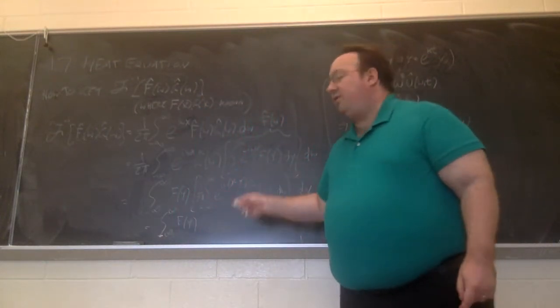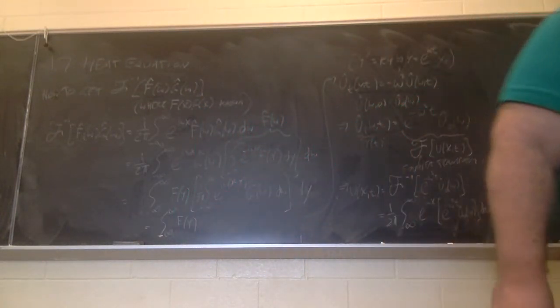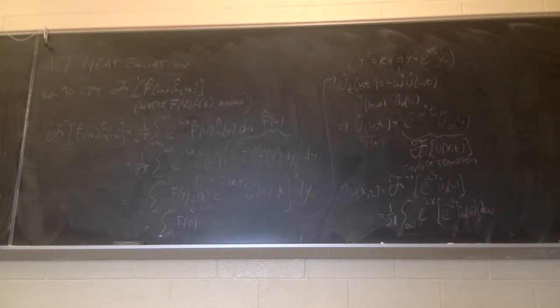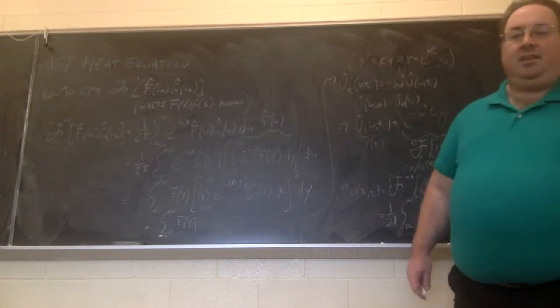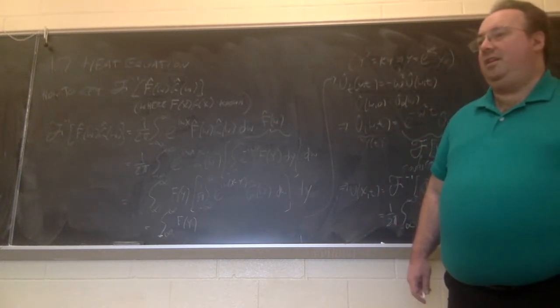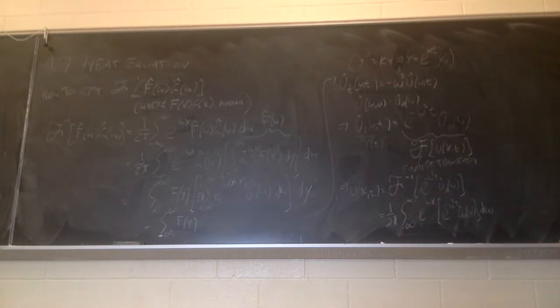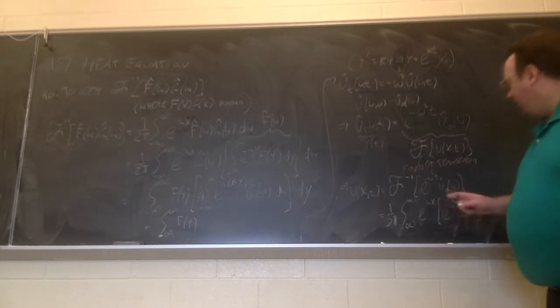So this is the inverse Fourier transform of what? It's whatever is in the brackets, like e to the negative omega squared t.